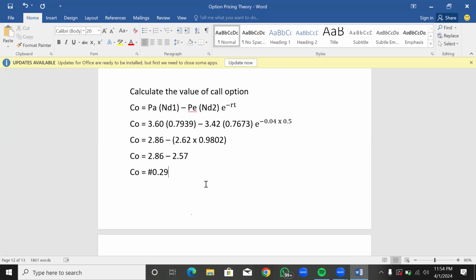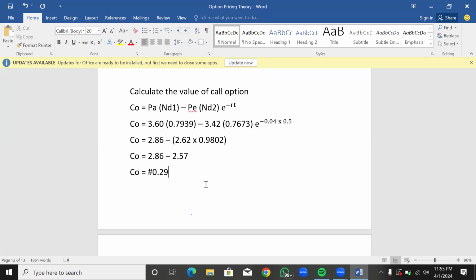Then press 0.04 times minus 0.04. After exponential, bracket, times 0.5. Okay, I should put bracket. After the exponential, 0.48 bracket, you get the answer.